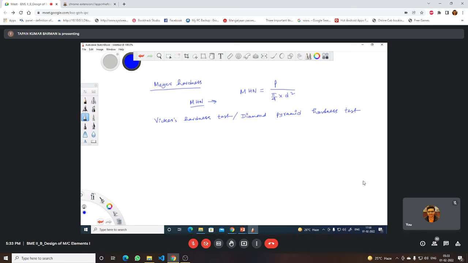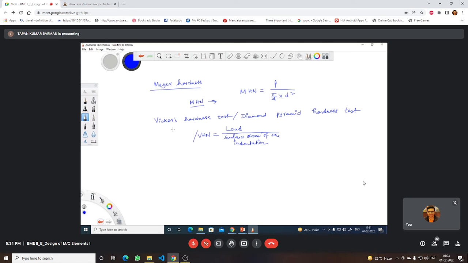And using the equation, load divided by surface area of the indentation, we calculate the Vickers hardness number, VHN.